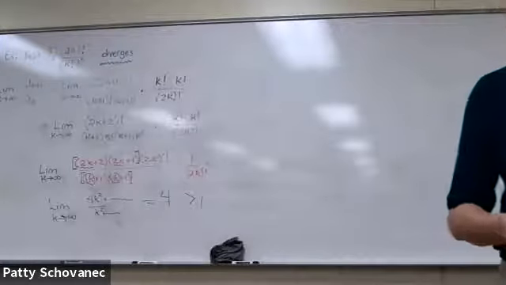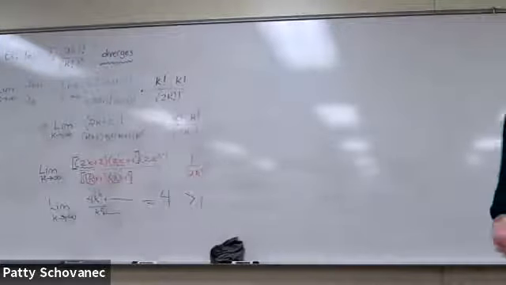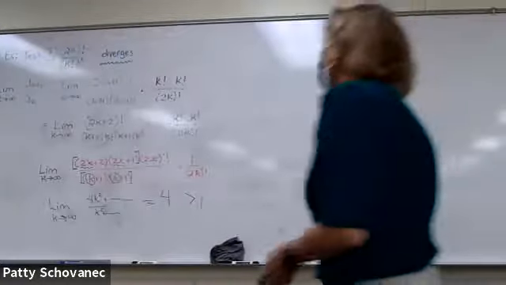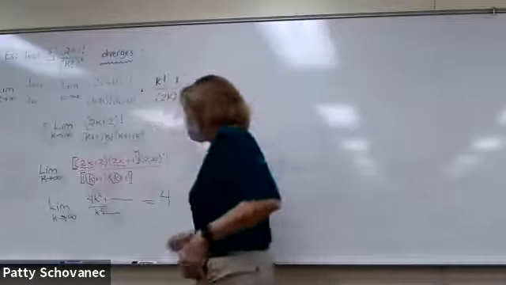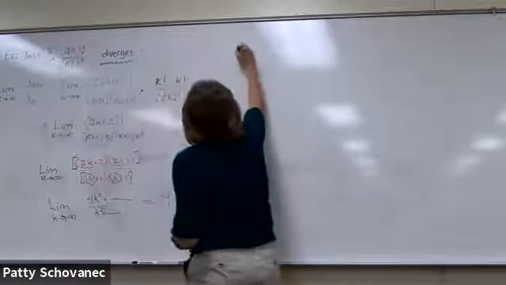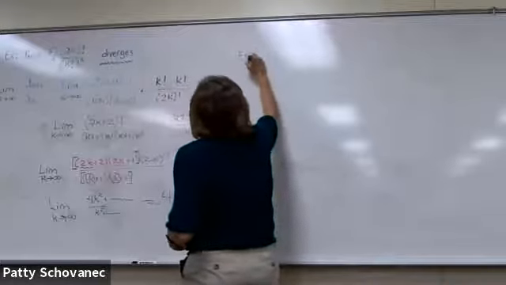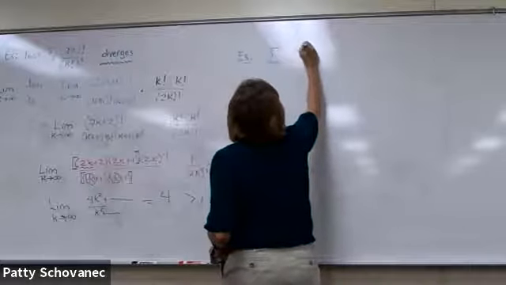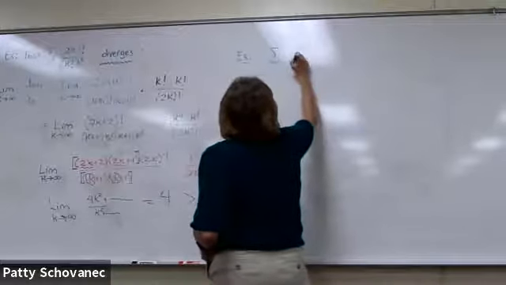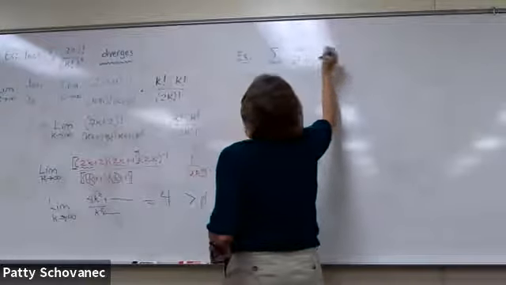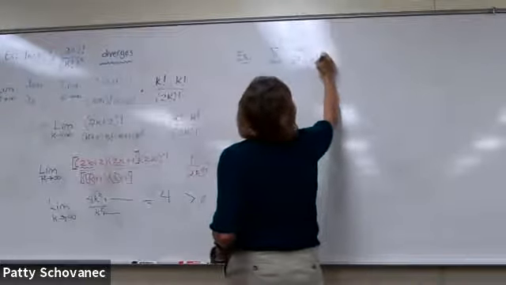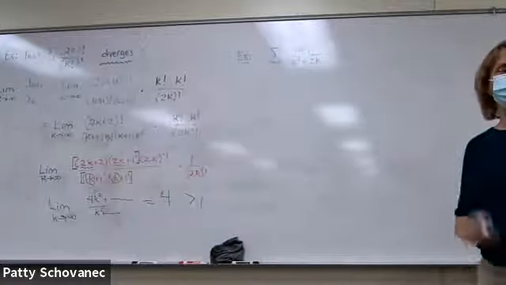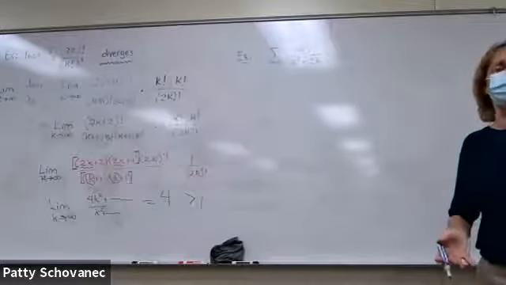So let me show you where this doesn't work well, right? The things that we were using in our comparison tests earlier. Okay, so this series, k plus 1 divided by k squared plus, I don't know, 2k. This is a great candidate for a comparison test.